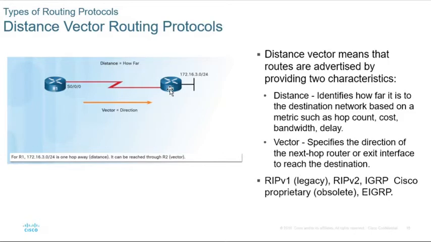That is sent periodically, whether there are changes or no changes in the network size or network addresses. Routers running distance vector still send that periodic update.